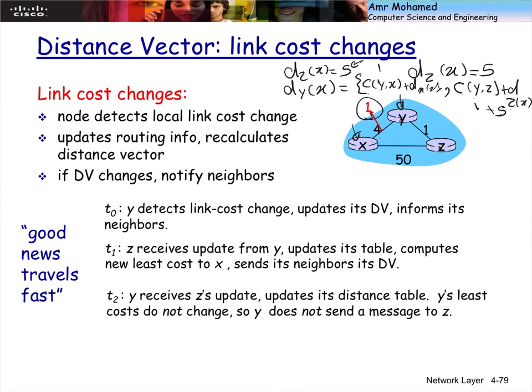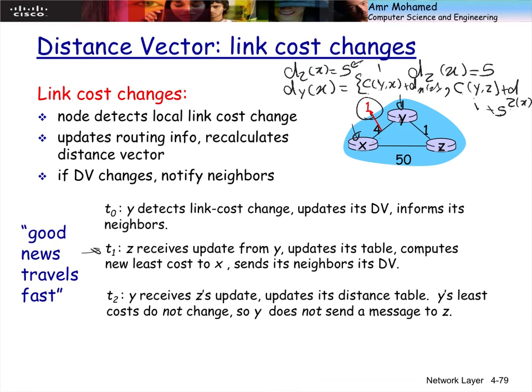So Y will update its distance to X as 1, and when Y detects the change in the distance, what will it do? It will send that vector of distances to Z and X. And this happens in here.